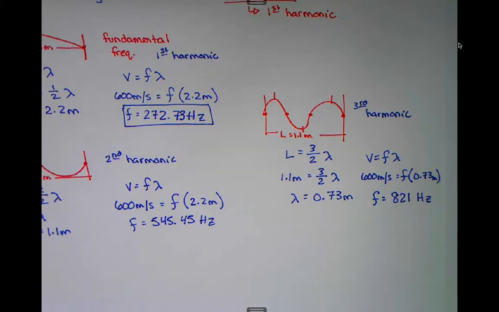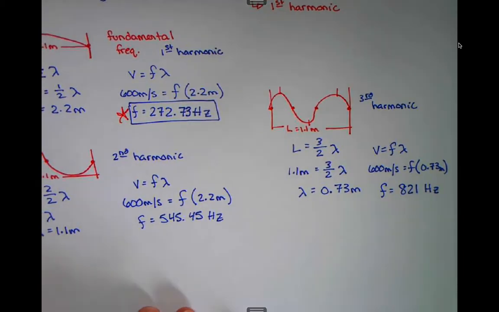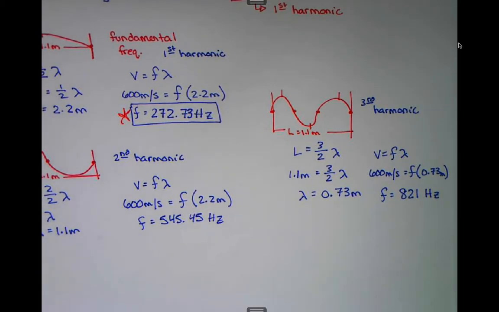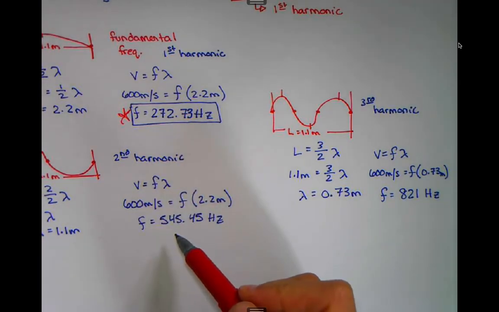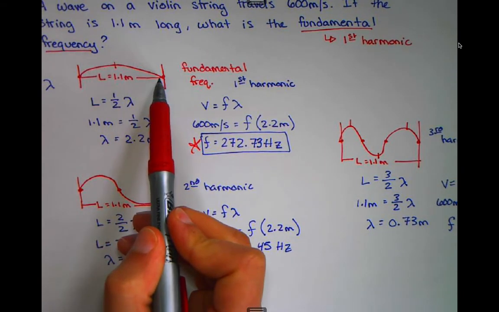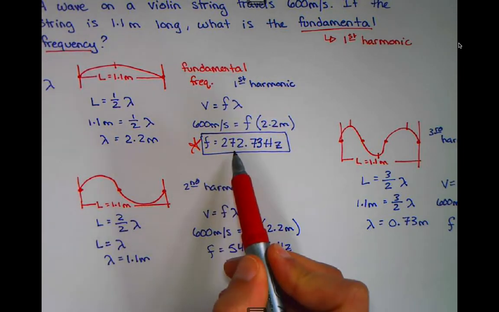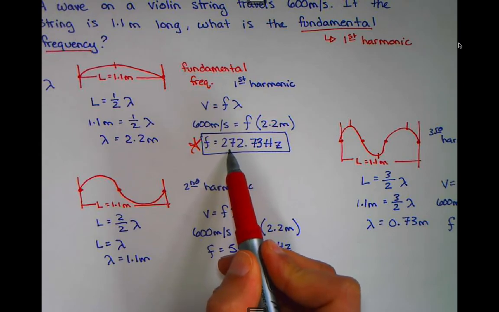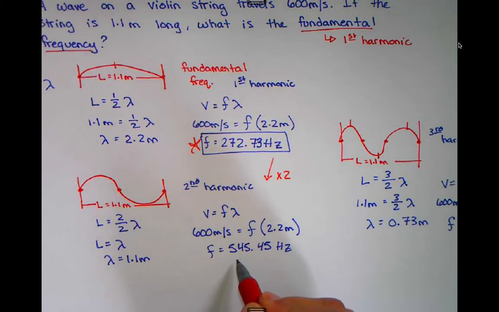What you should do here is look at the relationship between each of the frequencies that are created. This is my fundamental frequency, and each consecutive frequency should be another fundamental on top of that. You can imagine this shape is a fundamental frequency. When I add another half of a wave, I'm adding another fundamental frequency, so I'm going to double this. 272 times 2 gives you 545.